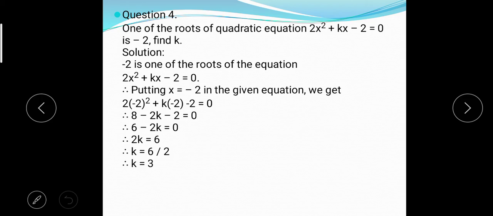Putting x is equal to minus 2 in the given equation, because minus 2 is a root, the LHS will equal the RHS. After substituting, you will get k is equal to 3. Just follow these steps for the calculation.